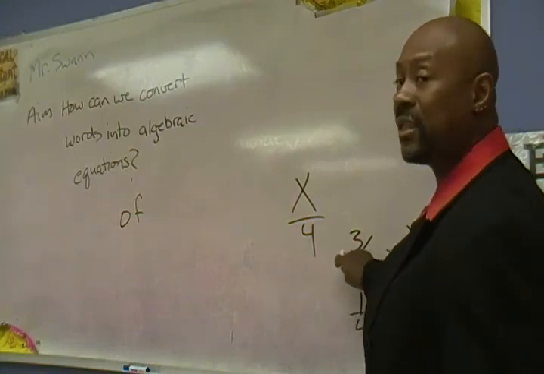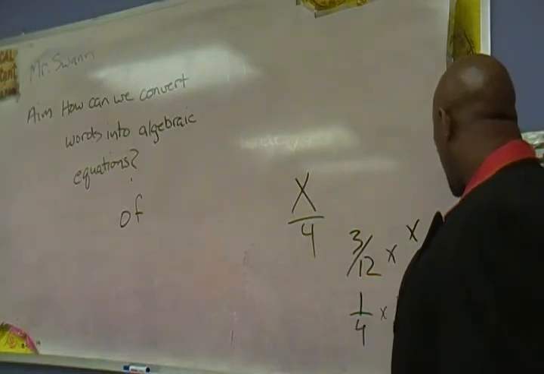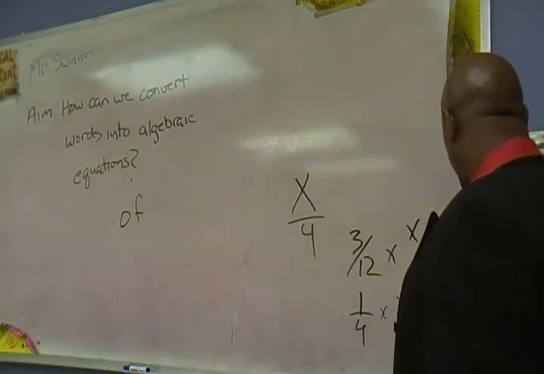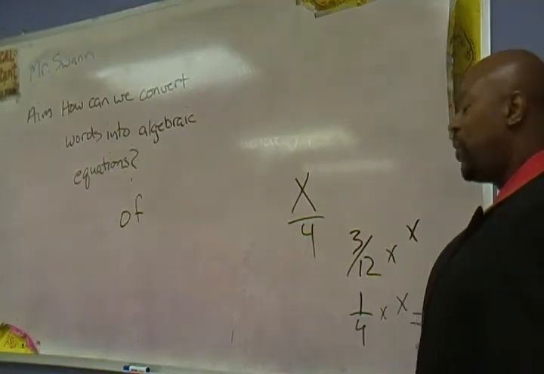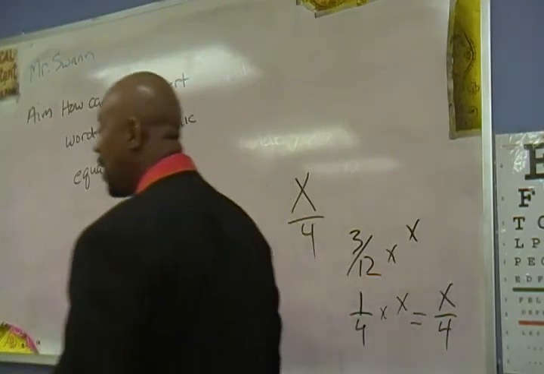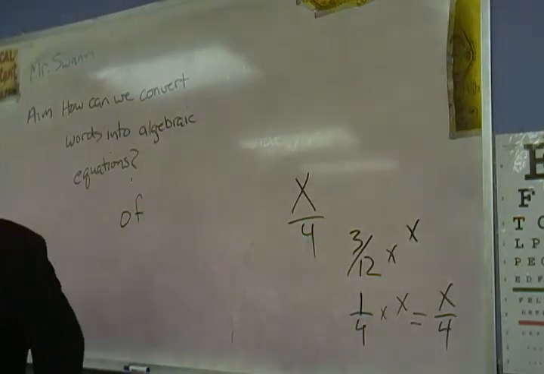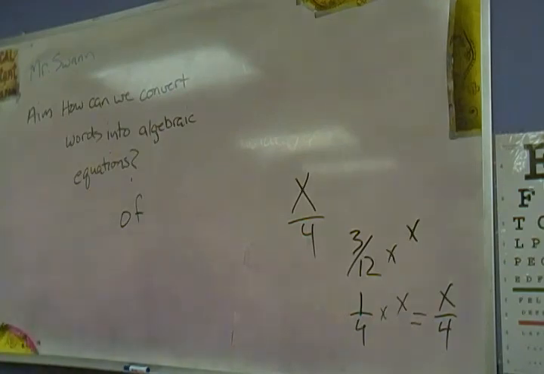So 1 over 4 times X equals X over 4. If the cost for a dozen eggs were X, 3 eggs would cost X over 4. So that's where we got that from, where it was used previously.